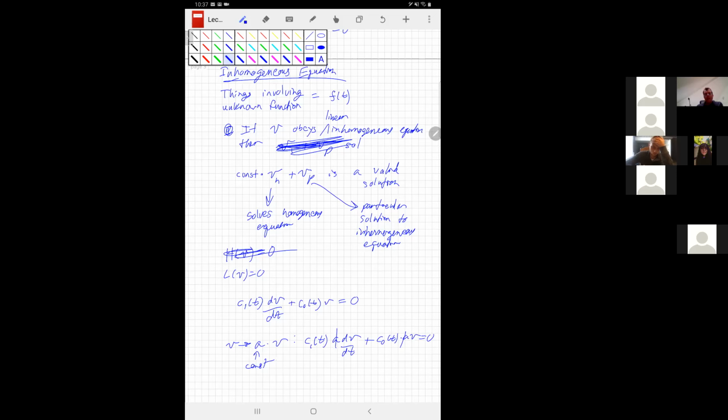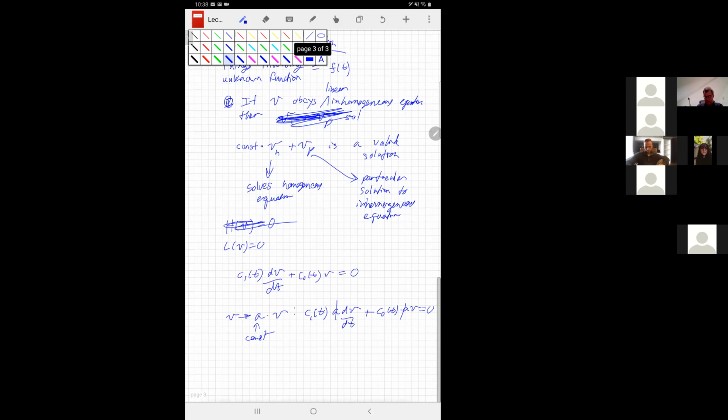So if I have a linear homogeneous equation and I take some solution to the homogeneous equation, and I multiply it by a constant, I still have a solution to the linear homogeneous equation. Because I take that combination of derivatives in the original function, I get 0. I multiply by a constant, and I still have 0.